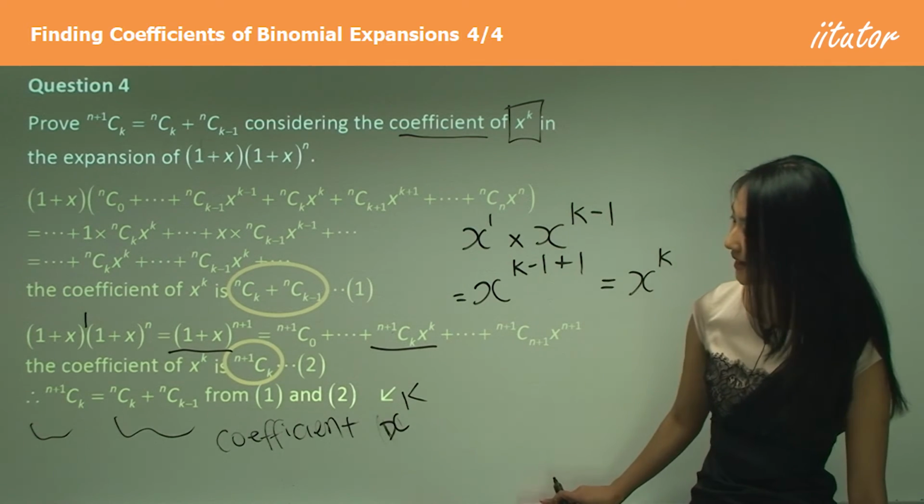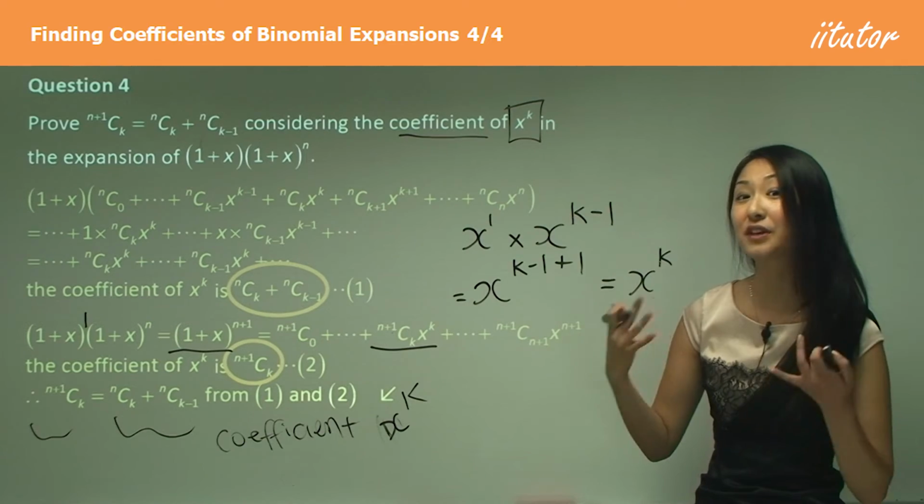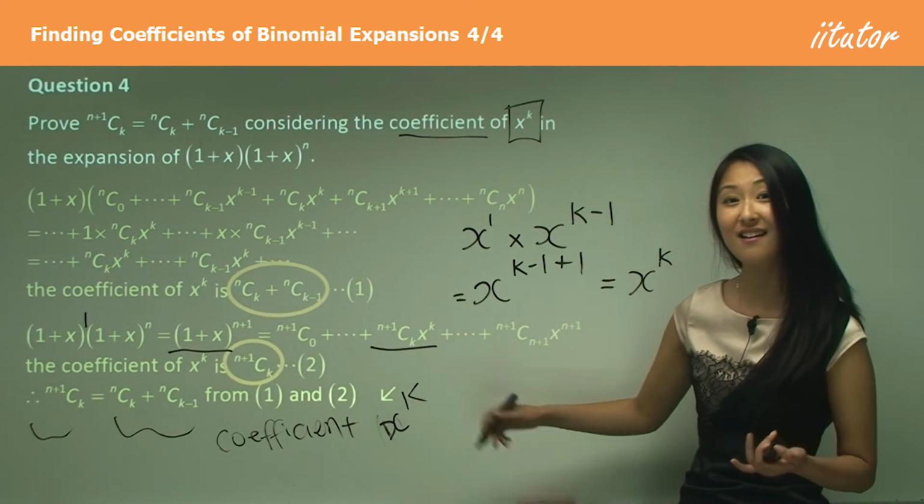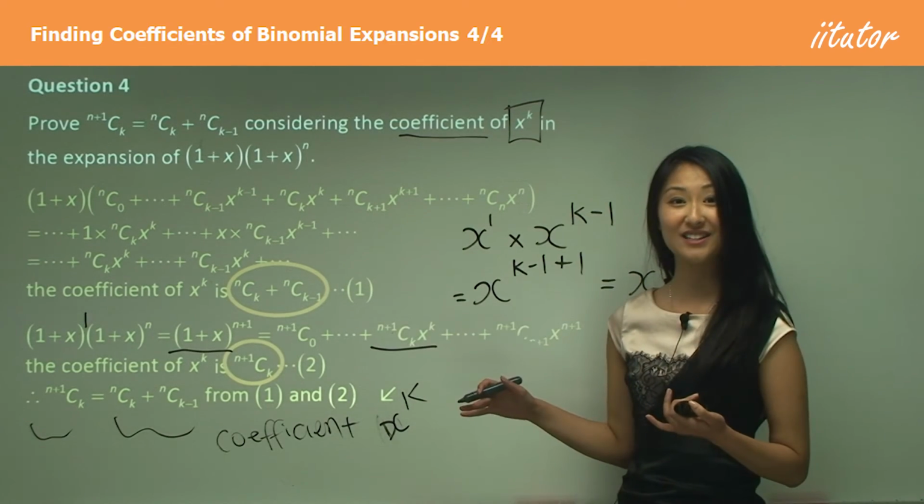Can you see how, because we proved they're both the coefficient for x to the power of k, then we've proved they are equal to each other.